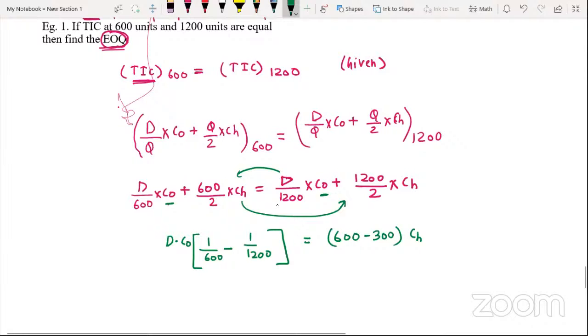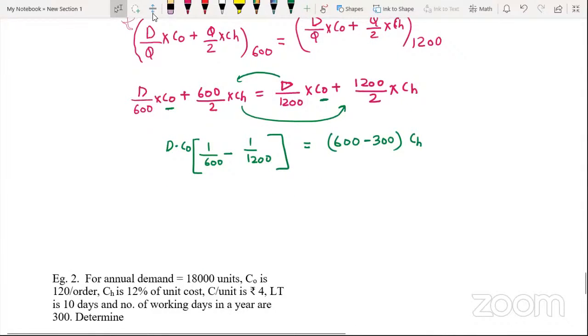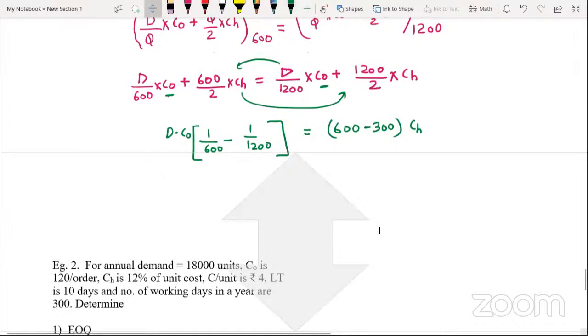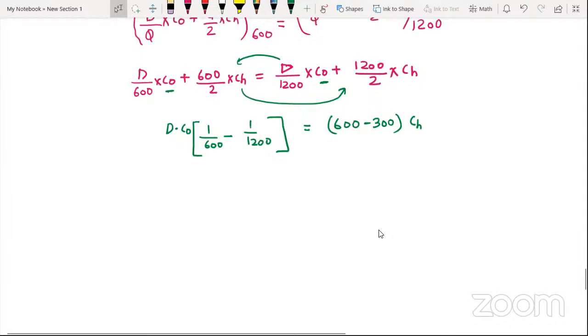Now solve it. 1 by 600 minus 1 by 1200 gives 1 by 1200, and here we will get 300 into CH.